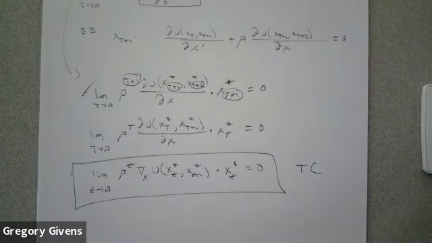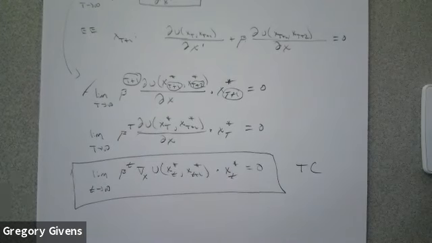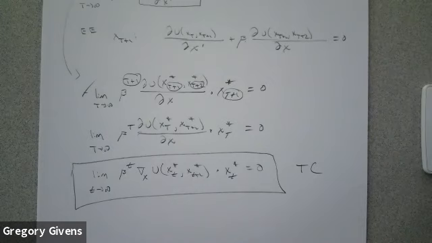In other words, one way of viewing what the transversality condition is would be to take a finite horizon problem and evaluate the first order condition in complementary slackness form at the last value of the state, and then shoot T off to infinity.